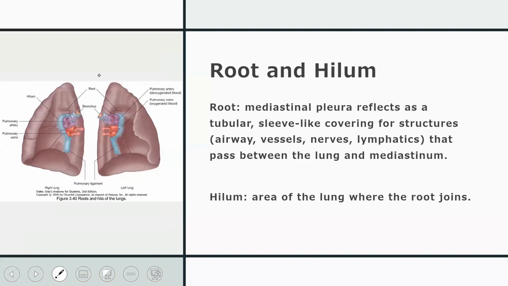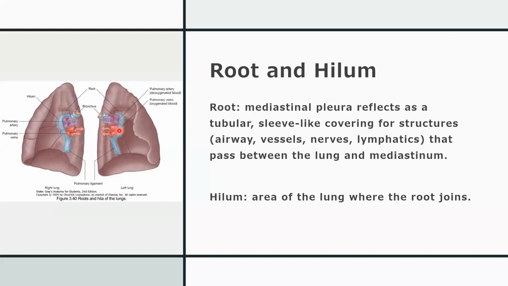Then we will look at the root and the hilum. This is the place where the visceral pleura is continuous with the parietal pleura. Here you can see this is the root where the airways, the bronchi, and the blood vessels, the pulmonary arteries and the pulmonary veins, enter and leave the lung. Here it is covered by a sleeve of pleura.